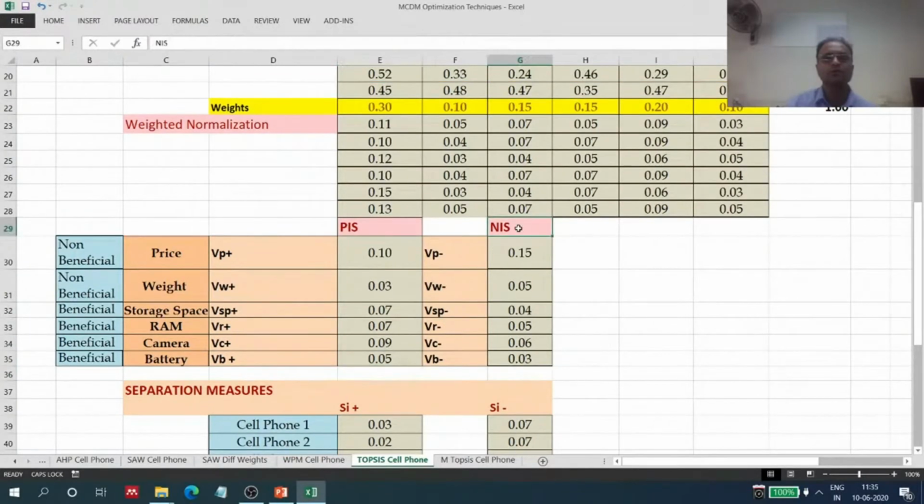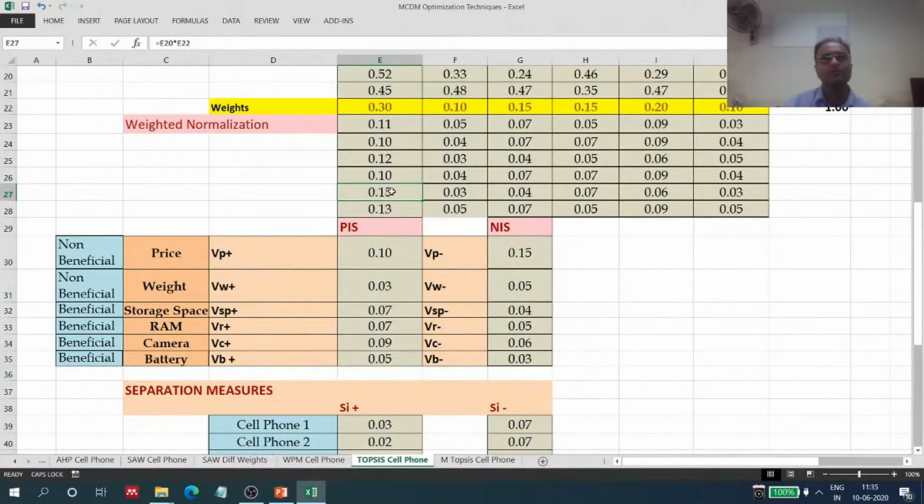Negative ideal solution is the worst solution. Worst solution means, for a minimization problem, it is the maximum value, and for a maximization problem, it is the minimum value. Like if I say price, in case of price what can be the worst? Maximum price can be the worst, right? So in this particular column, what is the maximum value? 0.15 is the maximum value.